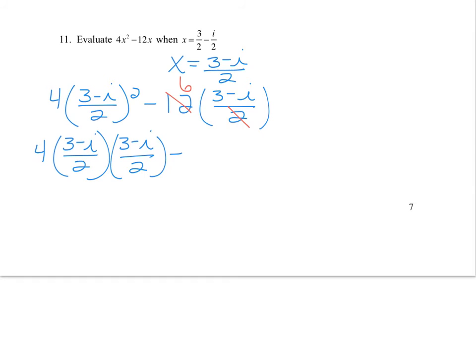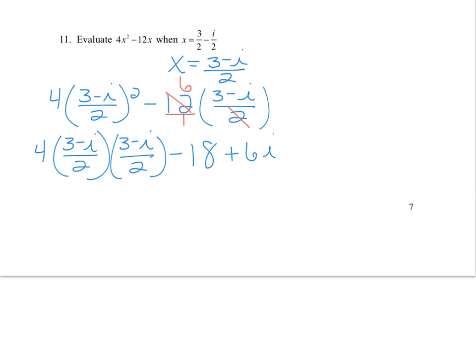That 6 was coming out of my mouth before I explained to you what to do, because really this is 12 over 1, so I can cross reduce and end up with a minus 6 times 3, so it's a minus 18, and a minus 6 times a negative 1 is a positive 6i.